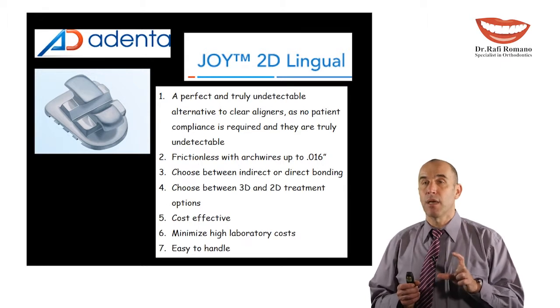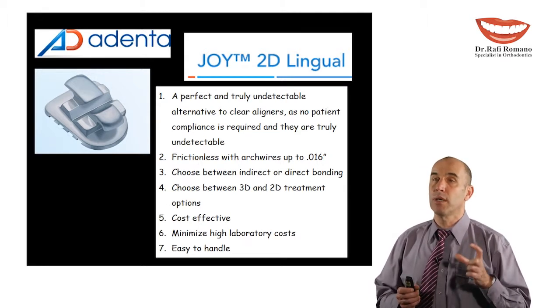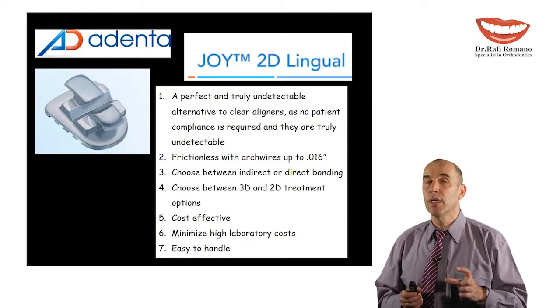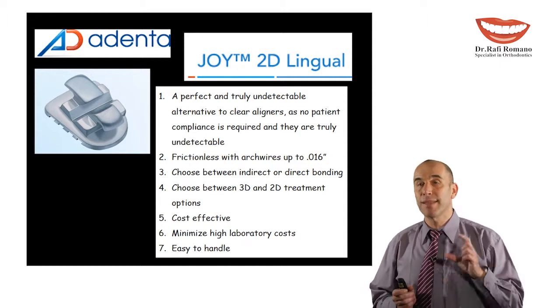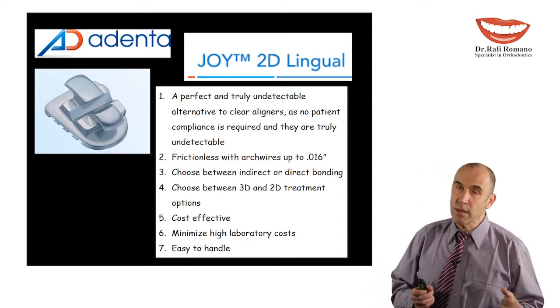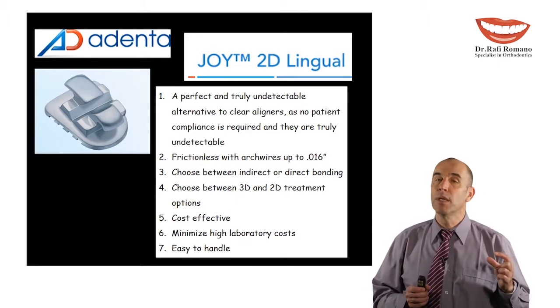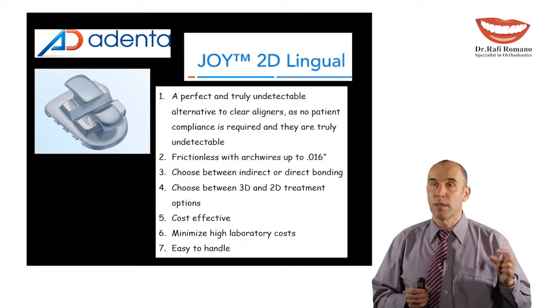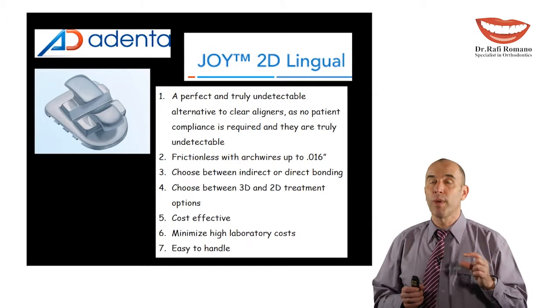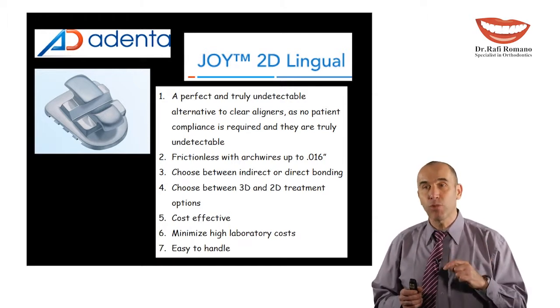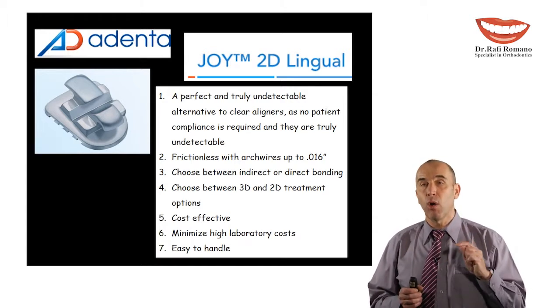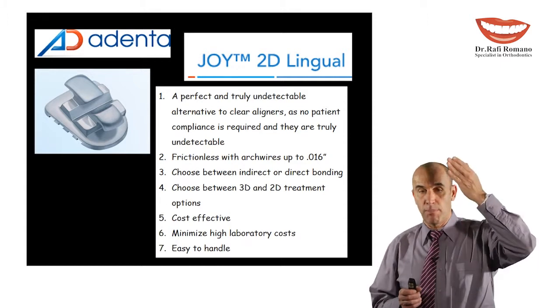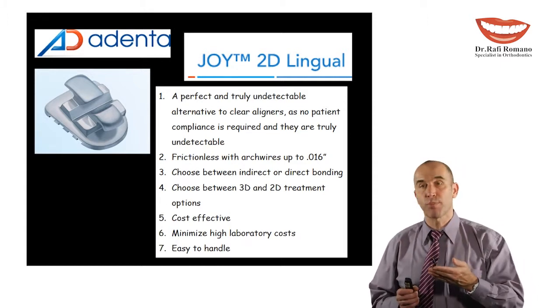Adenta has another option of 2D bracket, which is called Joy. The difference between the Adenta bracket and the Forestadent bracket is that the slot is perpendicular. It's rectangular, so we can actually get torque if we want to. The only problem is that the bracket itself has no torque properties.